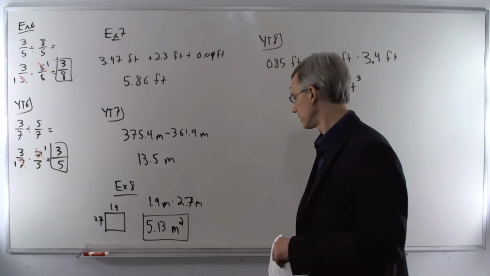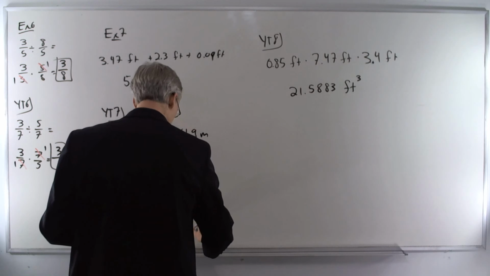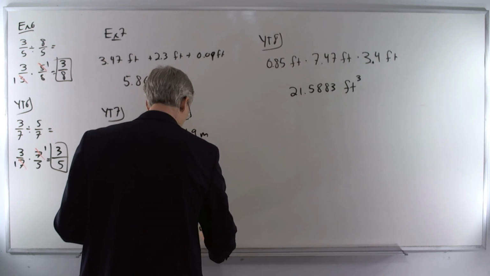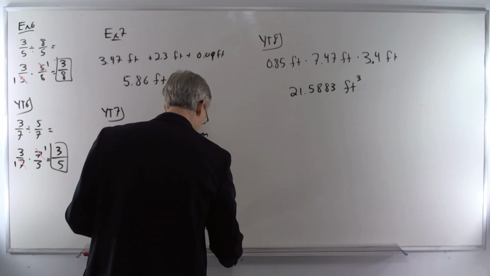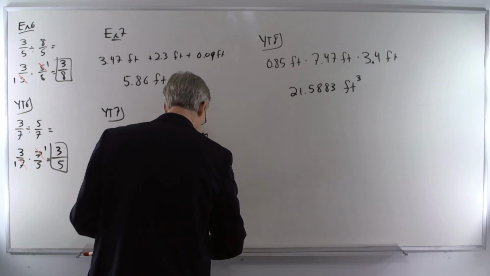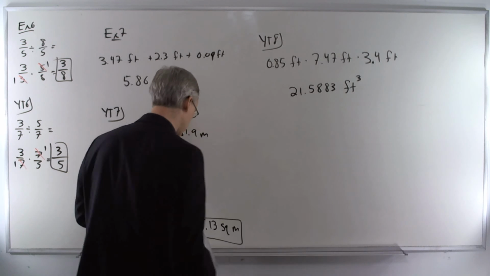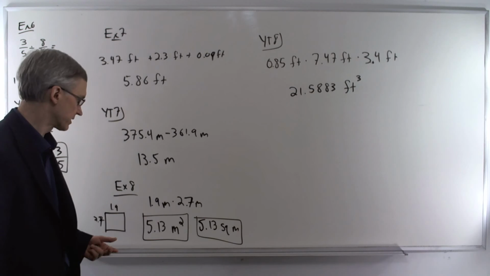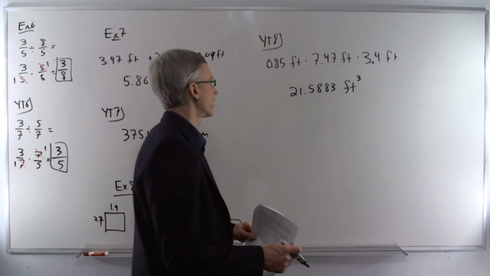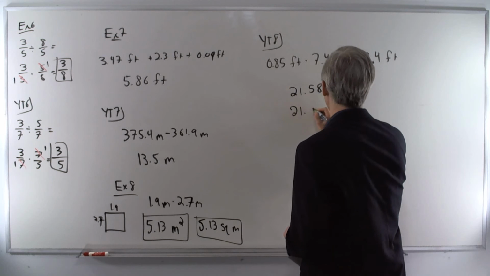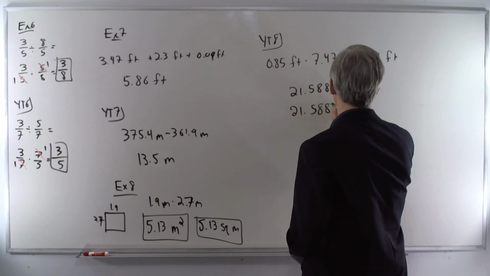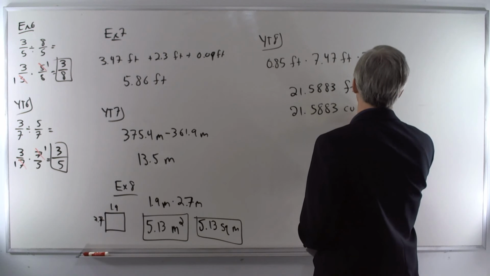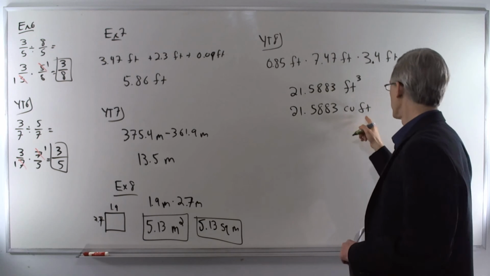Now there's another symbol we can use to write this. We could have written this as 5.13 square meters. That's the same as meters squared. And over here we could write this as 21.5883 cubic feet.